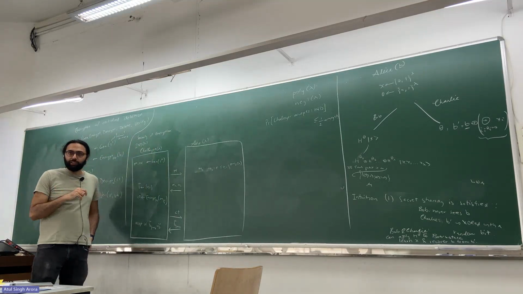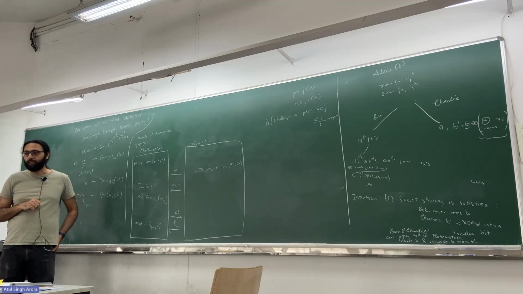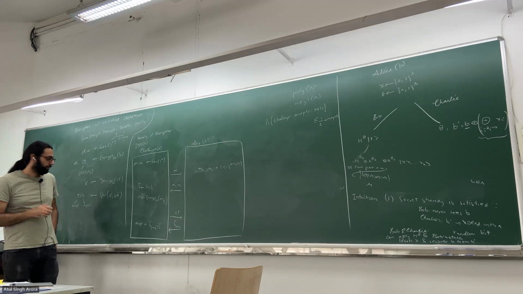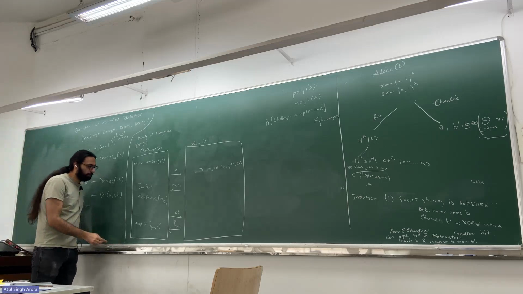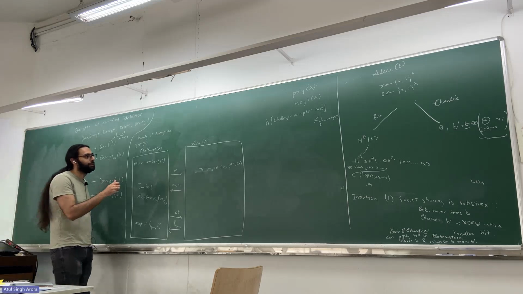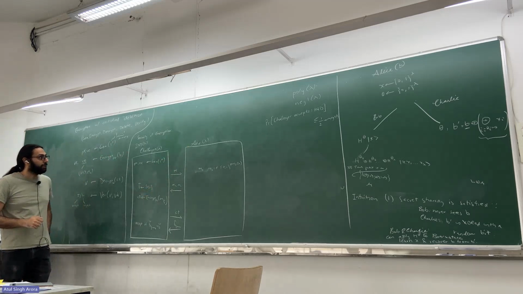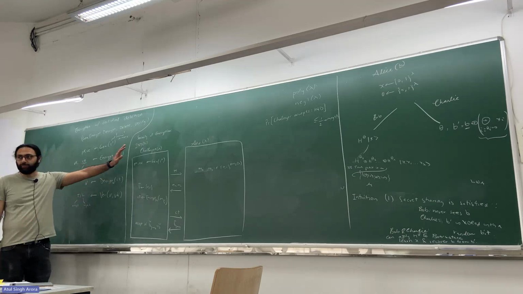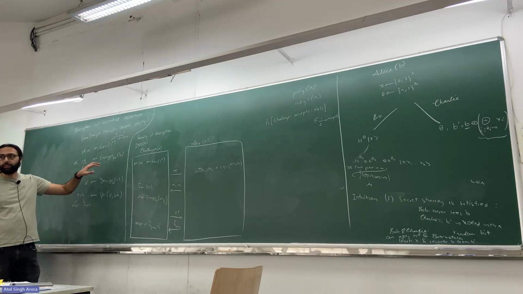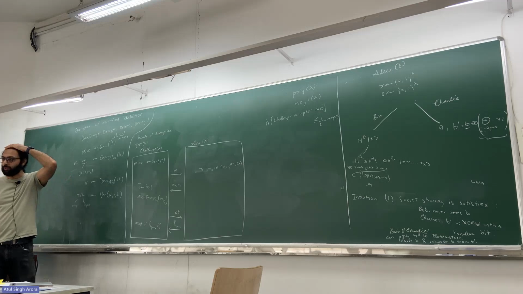Negligible for the moment means very small, like you cannot multiply it with a polynomial and make it non-negligible. Okay, so this is the notion of security. I've not even talked about certified deletion. I'm just saying that an encryption scheme is secure if it satisfies this property. Are there any questions on that?